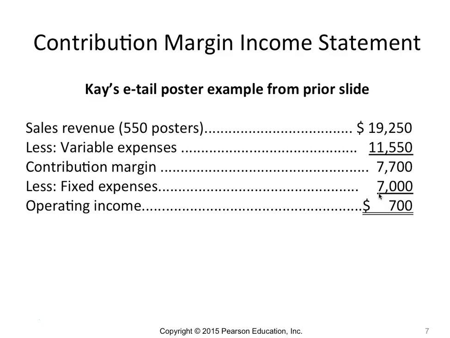This one is not for public use, it's only for internal use. Sales minus variable expense gives the contribution margin, minus fixed expenses gives operating income. It's a similar idea to the income statement for public use: revenue minus cost minus all expenses gets all the income.